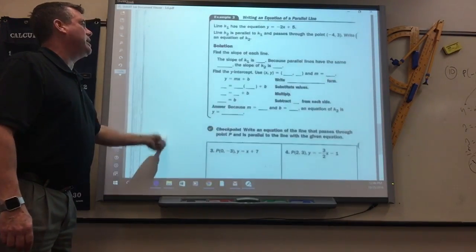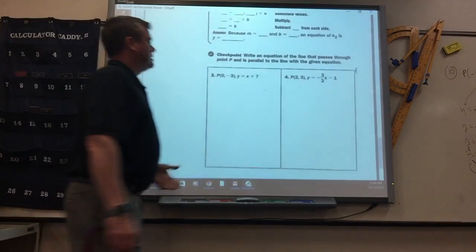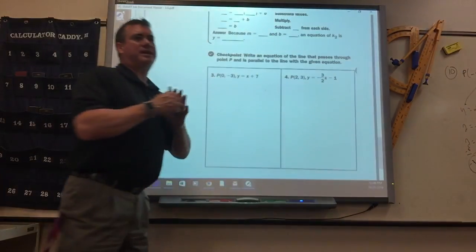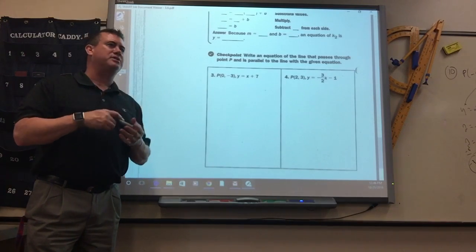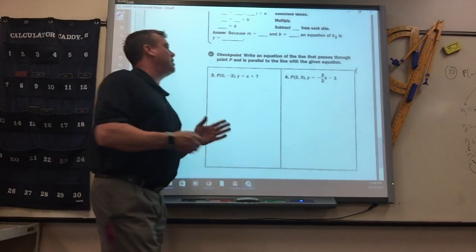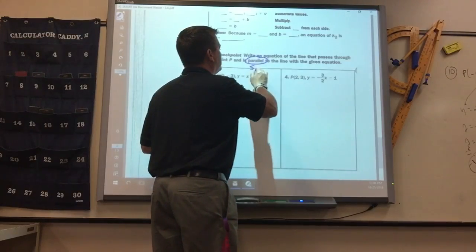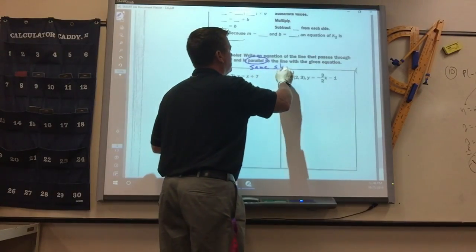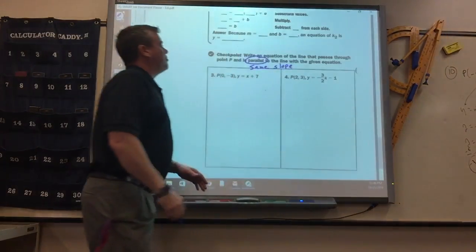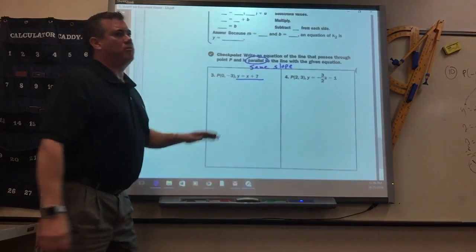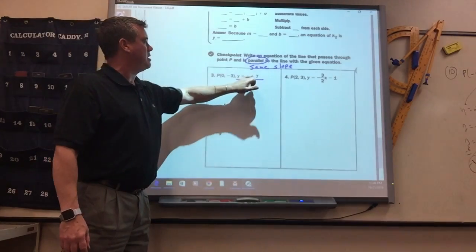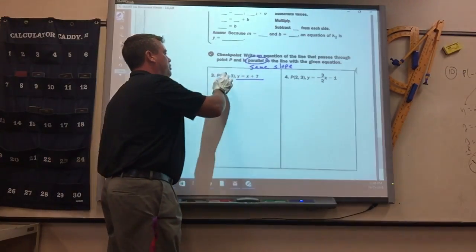So, writing the equations. Again, this section is parallel lines, the next section is perpendicular lines. So they're done the same way. It's just that when it's parallel, they have the same slope. So, this line, we want to write the equation of a line that's parallel to that, passing through this point.